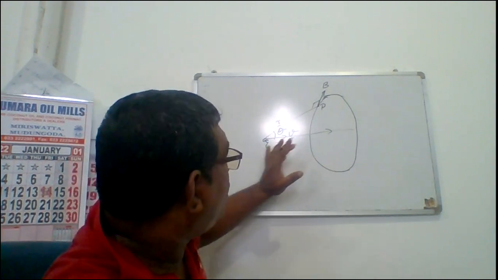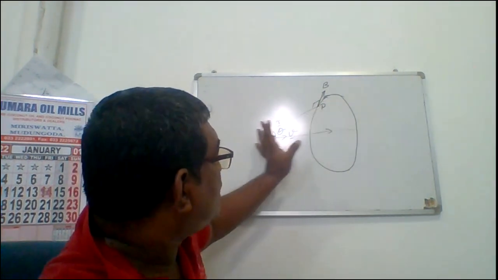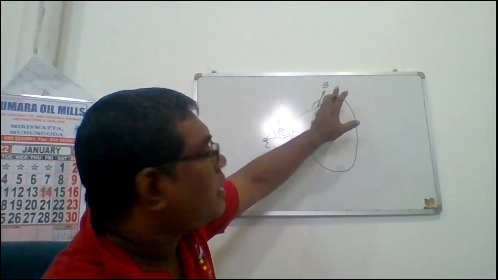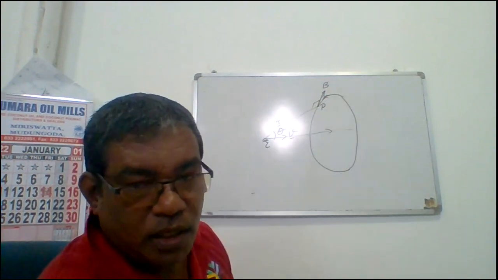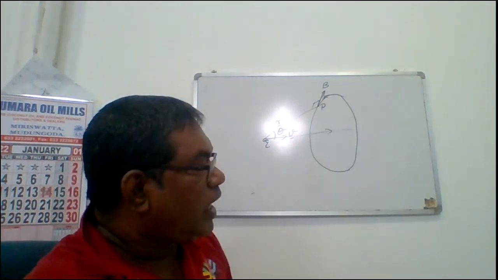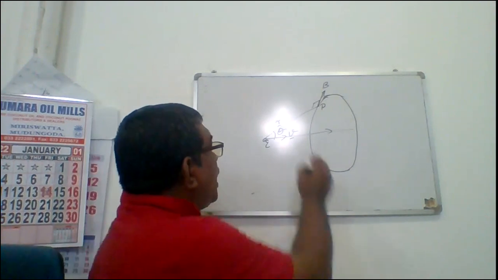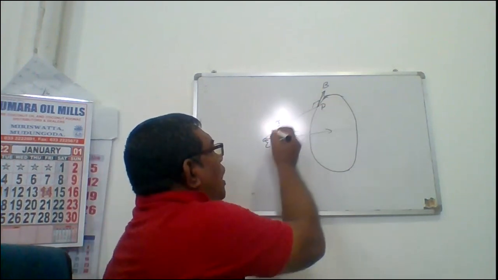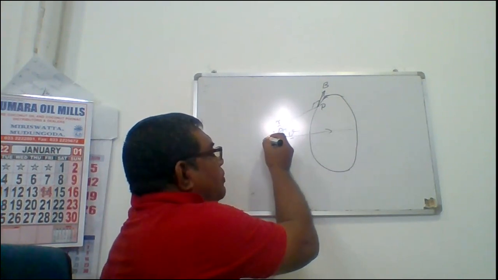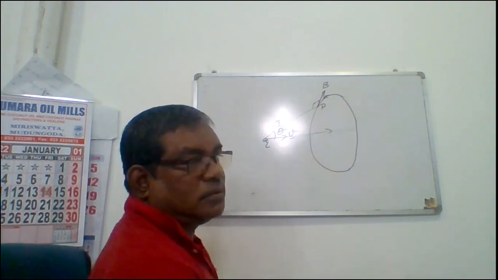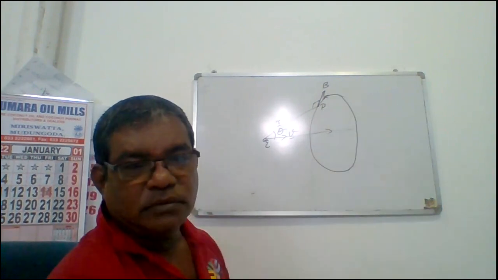Now we want to check when the charge is here, we want to find the magnetic field here, while it is moving with velocity v at that particular point. So we draw the line joining the charge at that instant and the point P.